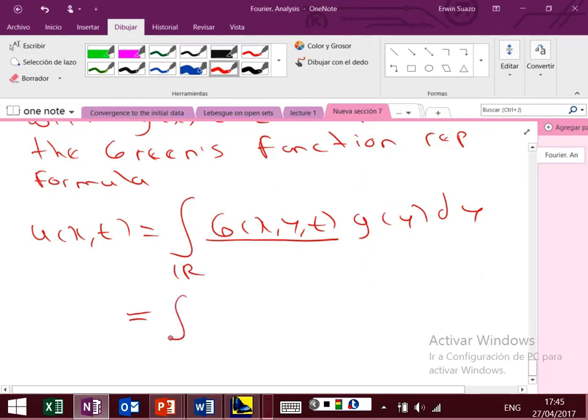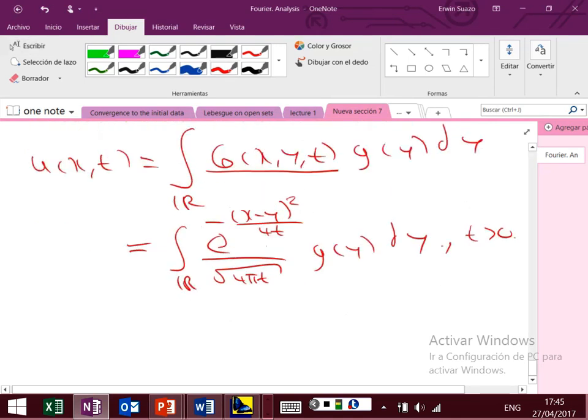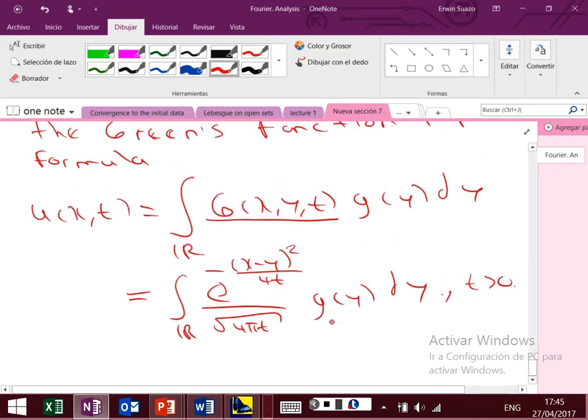So that's the integral over R of e to the minus (x minus y) squared over 4t, over the square root of 4 pi t, times g(y) dy, for t bigger than 0. So indeed you find a solution of this problem in terms of your initial data. So you can choose any data that is nice, like L2, and that will be a solution.